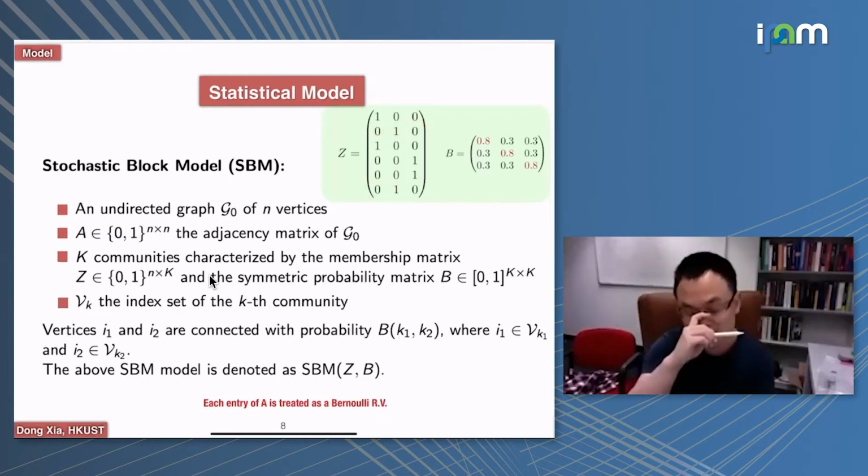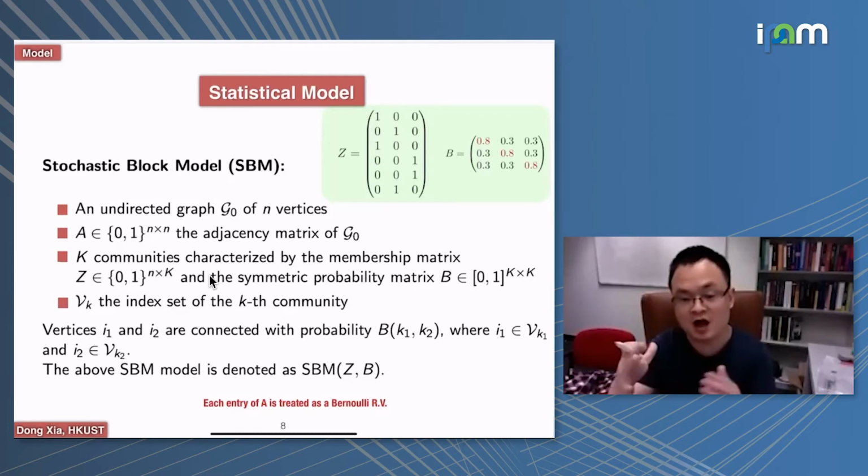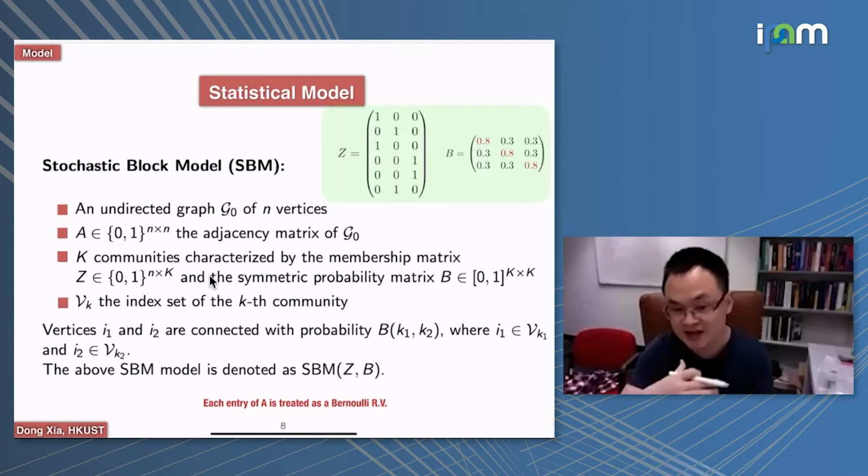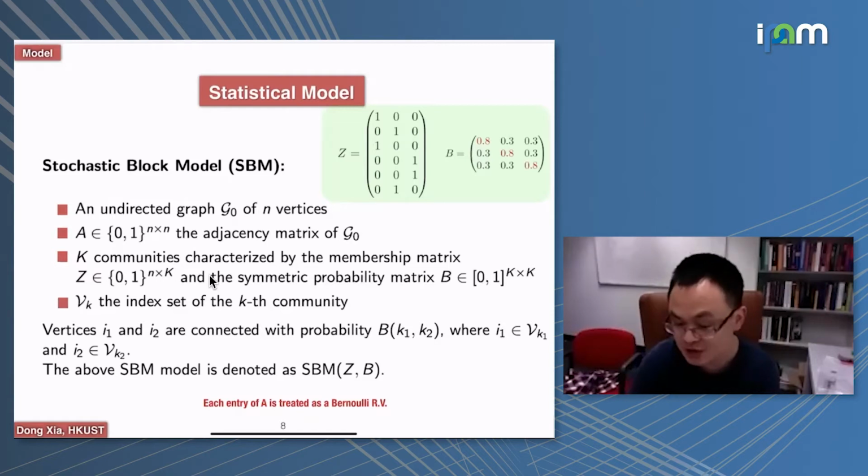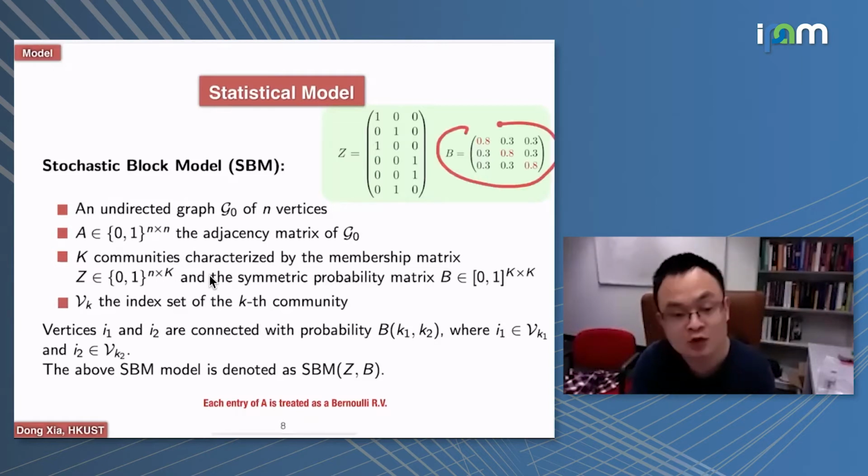Okay. And also for this SBM, there is also a probability matrix. It characterizes the probability of generating an edge between the 2 vertices, based on the community memberships of them. So for instance, if you look at this example, you can see for this entry, it equals 0.3.